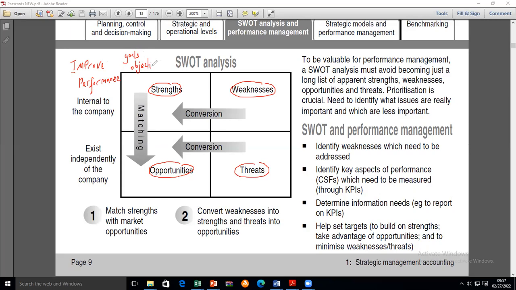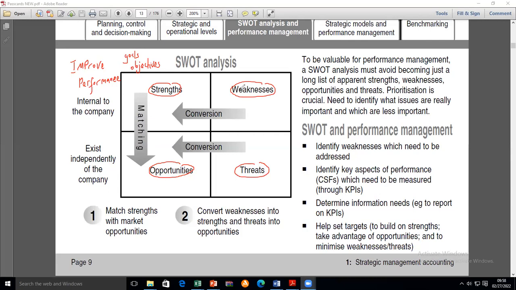So the question is, the identification of strengths and weaknesses, which are internal, opportunities and threats, how can it help? Let's address that. We can convert the weaknesses into the strengths.